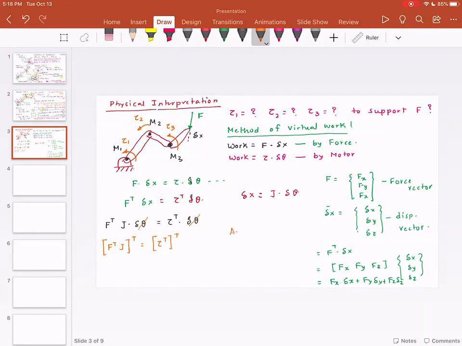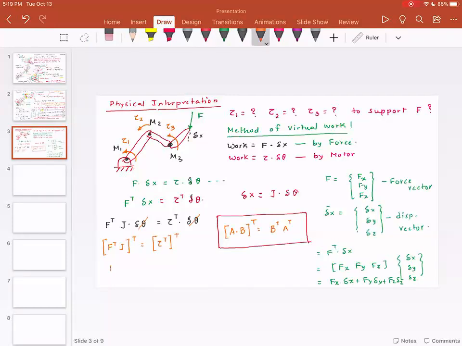Please note this identity. If you have a matrix product AB, and you want to take the transpose, it is B transpose A transpose. So if you have a product of matrices, A is a matrix, B is a matrix, and you want to take the transpose of this product A times B, the answer is B transpose A transpose. This comes from linear algebra. This is an important identity, so please remember. Perhaps you studied this in linear algebra, but this is what we are using.